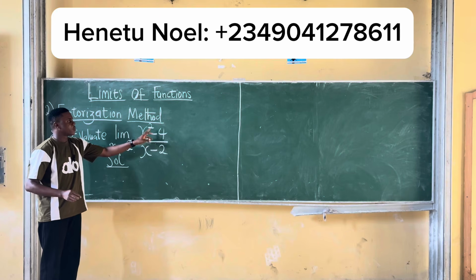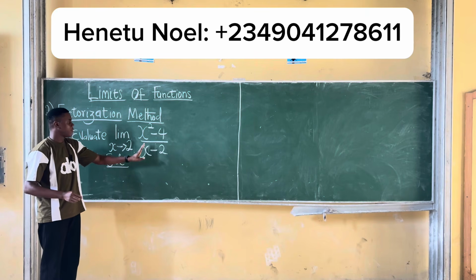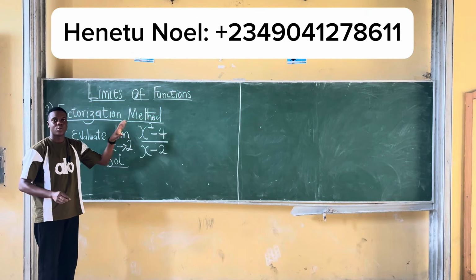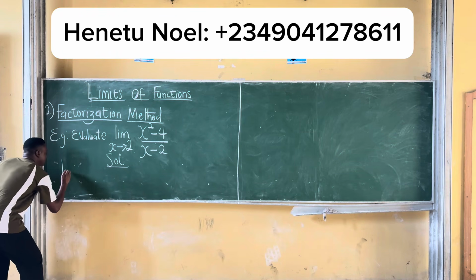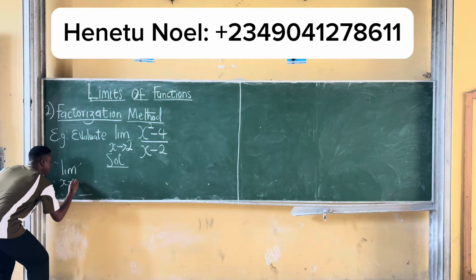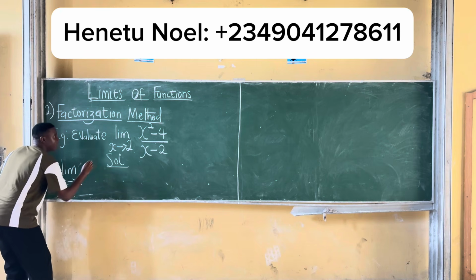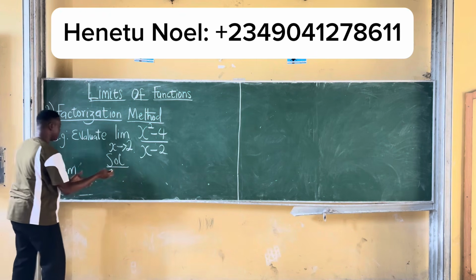So this is x squared minus 4. X squared minus 4 is a problem of difference of 2 squares. So to factorize, this becomes the limit as x tends to 2 of x squared minus 4, like I said, is difference of 2 squares.